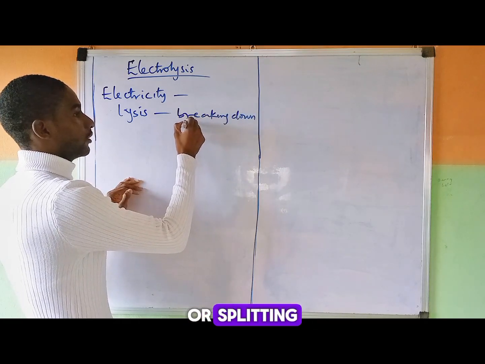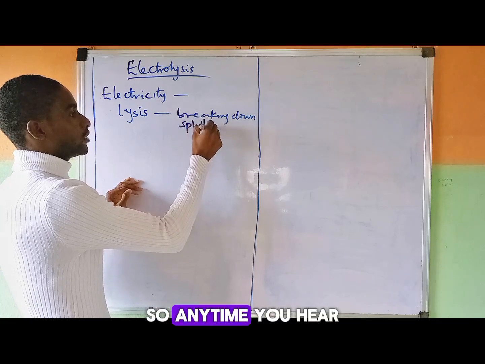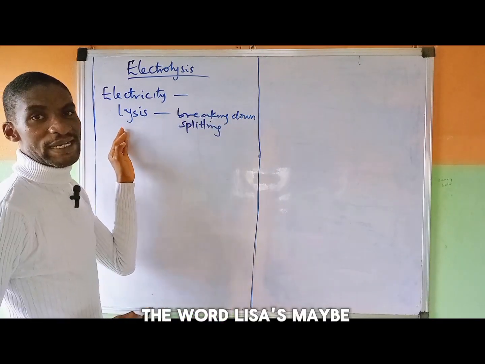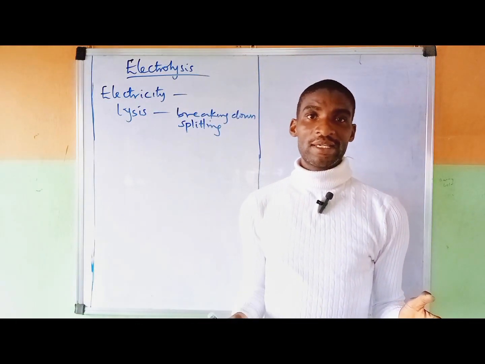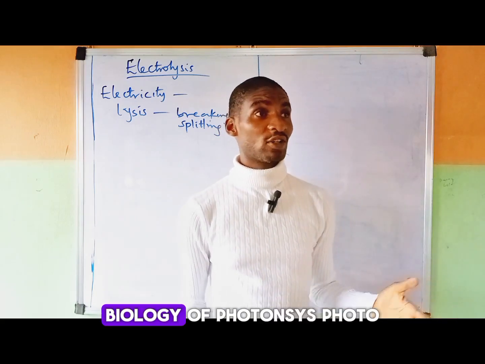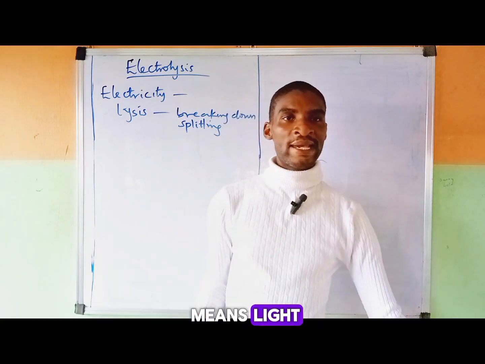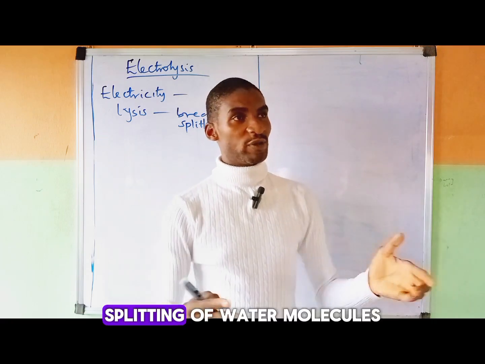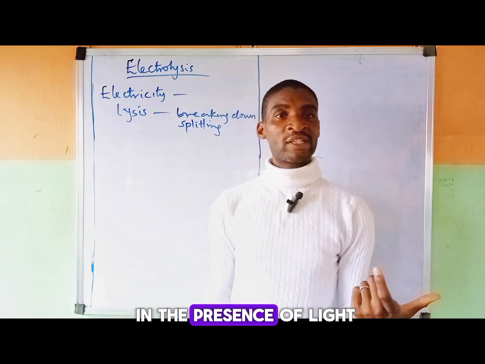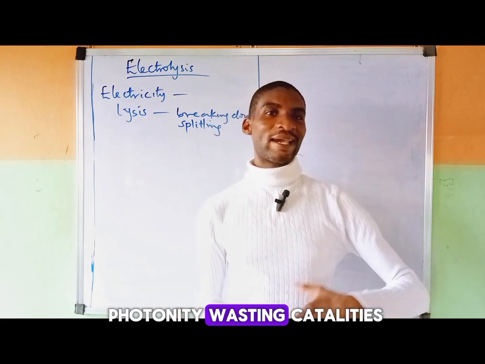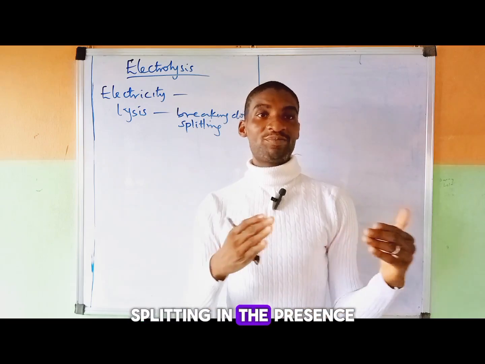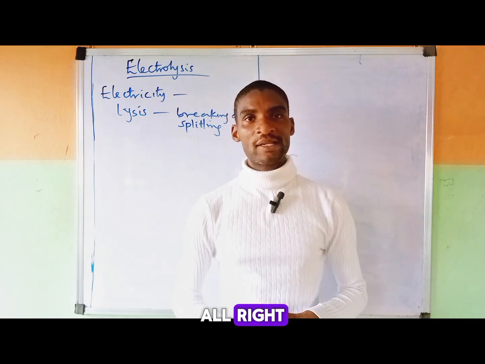So anytime you hear the word lysis, in biology for example, we have photolysis. Photo means light, lysis means splitting of water molecules in the presence of light during photosynthesis. That is photolysis. When you say catalysis, splitting in the presence of a catalyst.